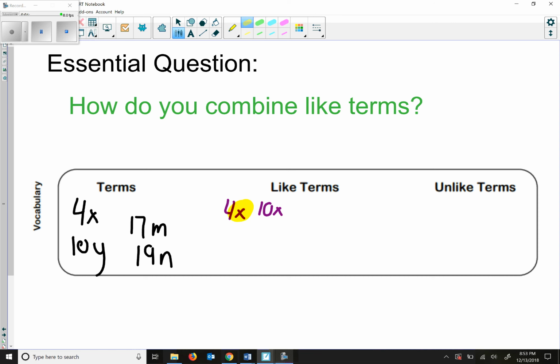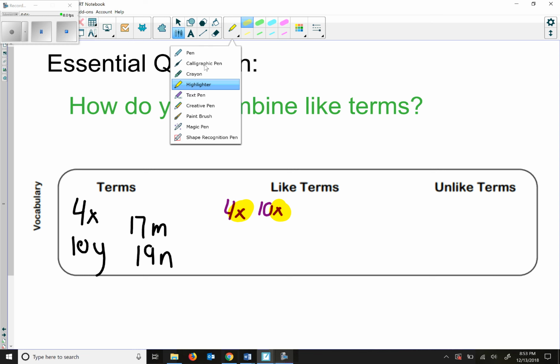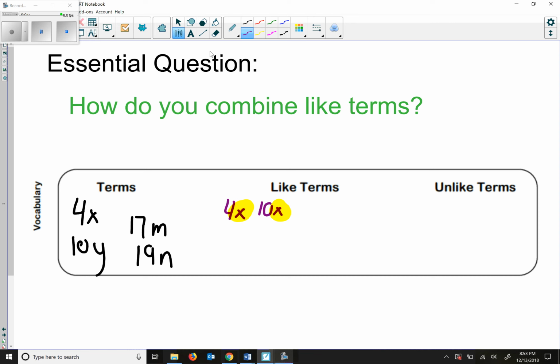So we would be able to take both of those terms and add them together. 4x plus 10x, you would add together and that would give you 14x. 18y and 12y, if we add those together, again, because they have that same variable, that would be 30y.